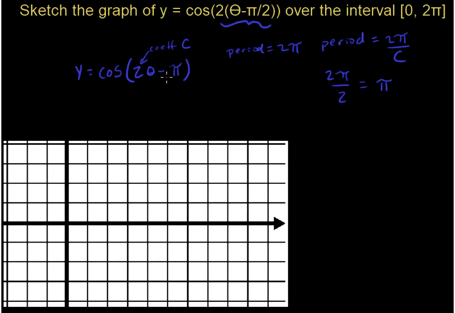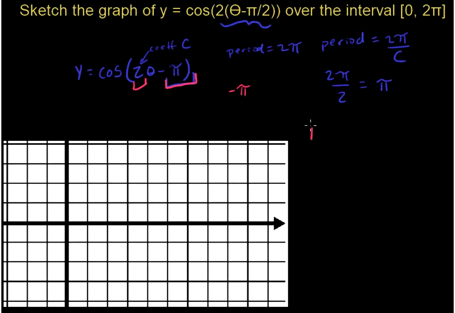Okay, now this piece here is a phase shift. The way you find a phase shift is a combination of what we have here, in this case negative pi, and this coefficient.